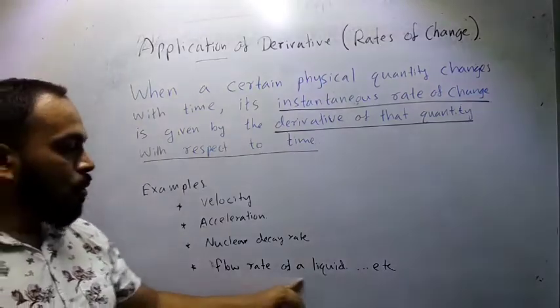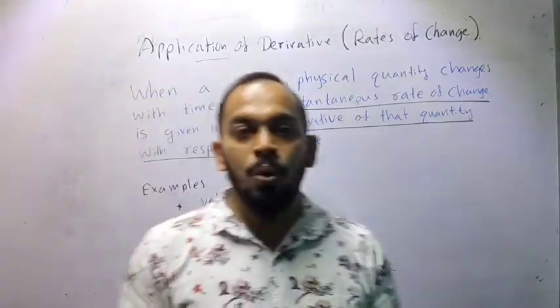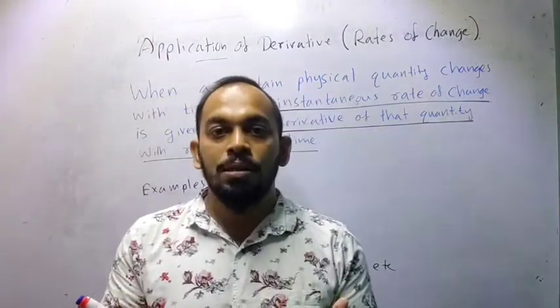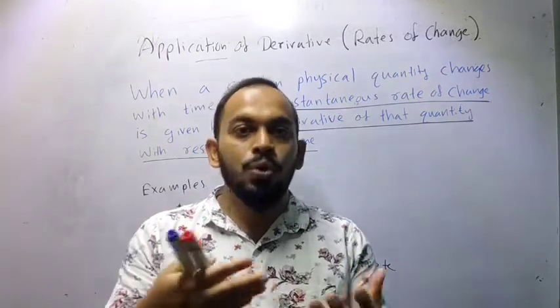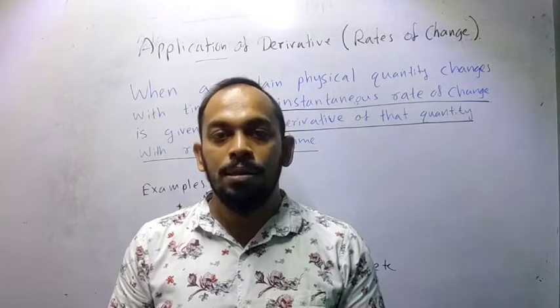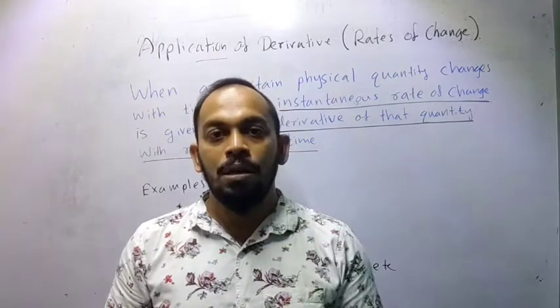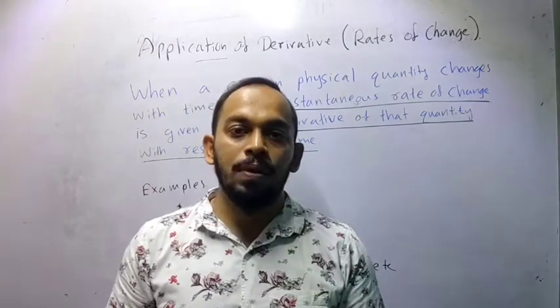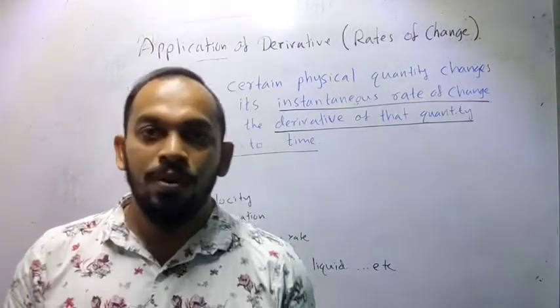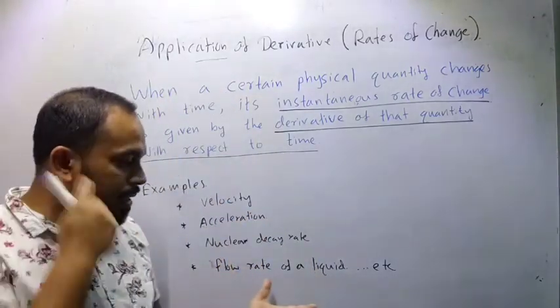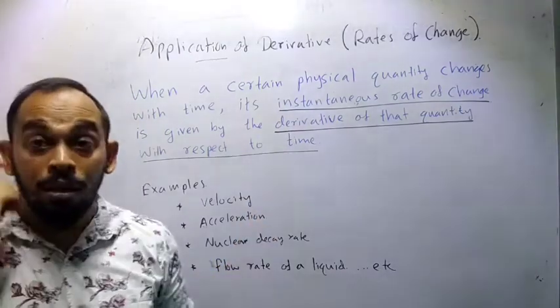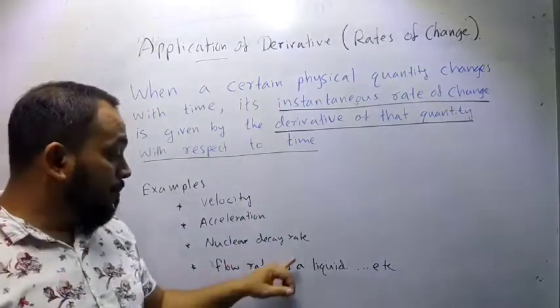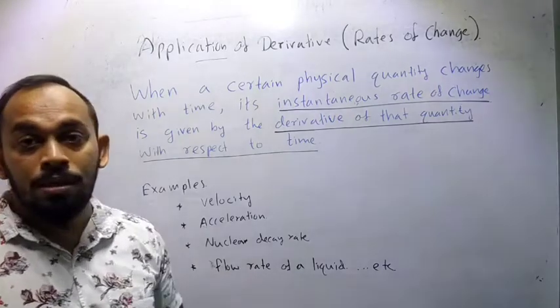Right? Then flow rate of a liquid. If you want to know how much quantity of the liquid is being flowed through a pipe at a certain time, what is the rate of flow of that liquid, then you need the derivative, right? So these are certain applications, and we will only focus on the first and the second one, and these are also easy, the same thing.